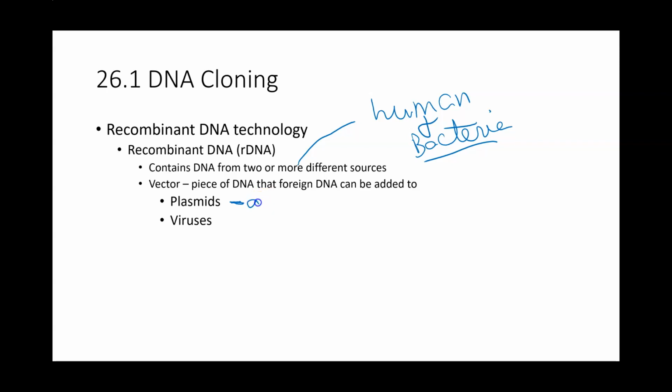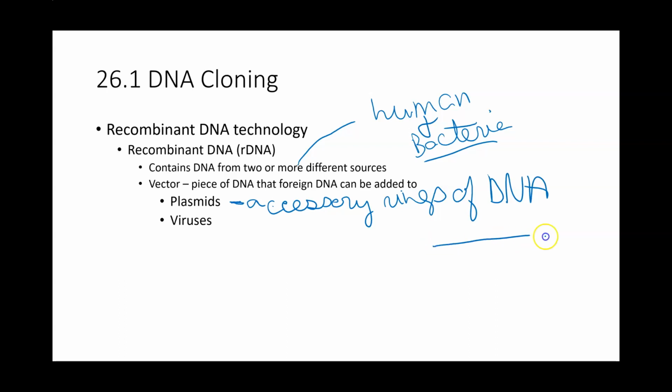Plasmids are accessory rings of DNA. So this is not part of the bacterial DNA. It's not their chromosome.